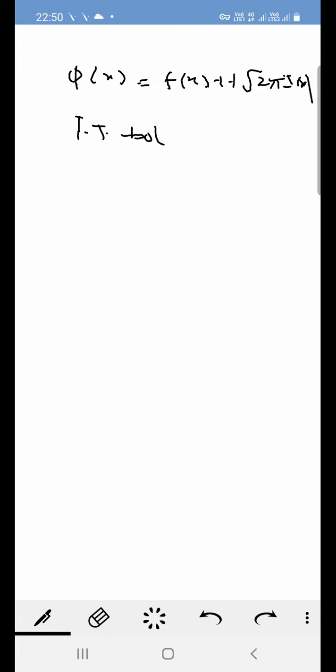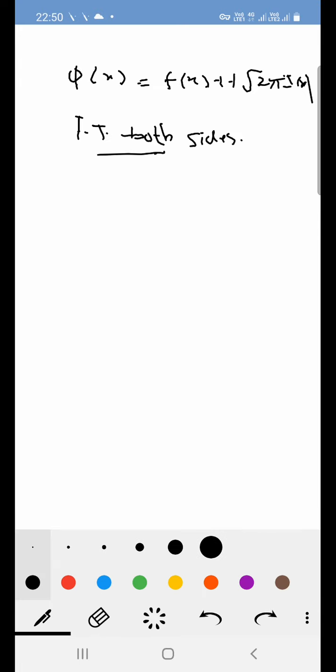We have obtained that phi(x) is equal to f(x) plus lambda root 2 pi I(x). Now we are taking the Fourier transform on both sides. This is what we are doing. After that we obtain the following expression.